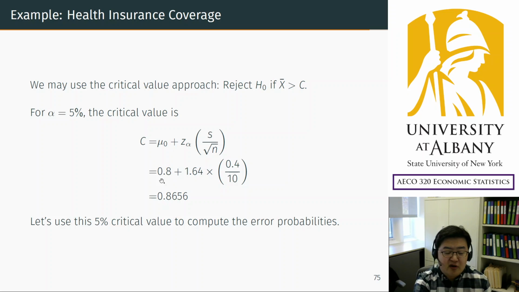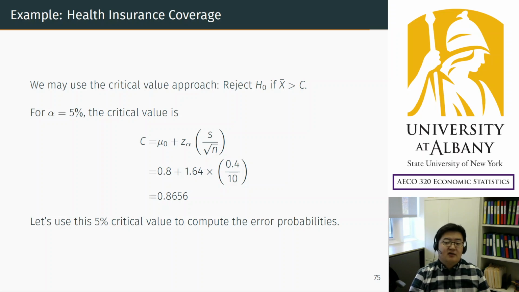Start from the hypothesis 80% plus 1.64, because for 5% one tail, it's 1.64, the top 5% value. And then the margin of error will be calculated this way. So simple. The upper critical value is 86.56%. So you allow a margin of error of 6.56 percentage points.